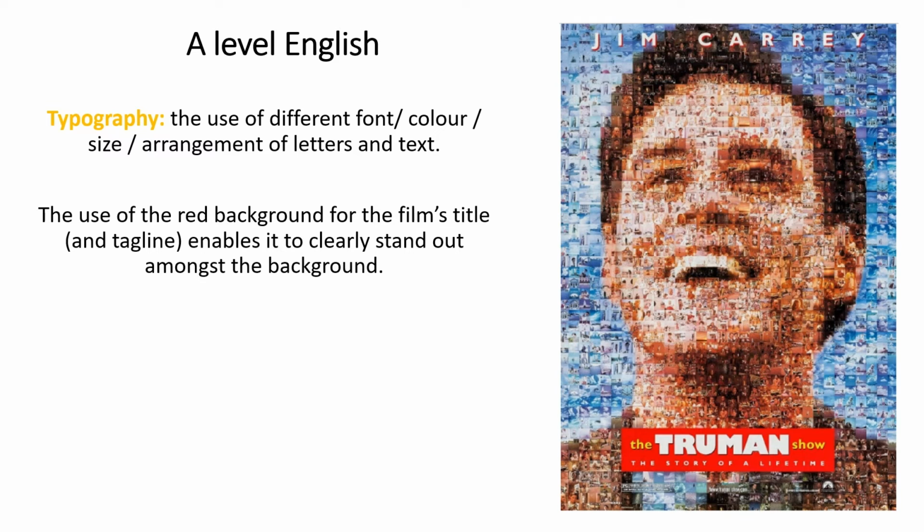Both are white, and the background. So Truman is beneath that red background, the word Truman, but Jim Carrey, the lettering at the top, also seems to have a sort of red shadow, which sort of allows it to have that kind of 3D standout effect of the font.